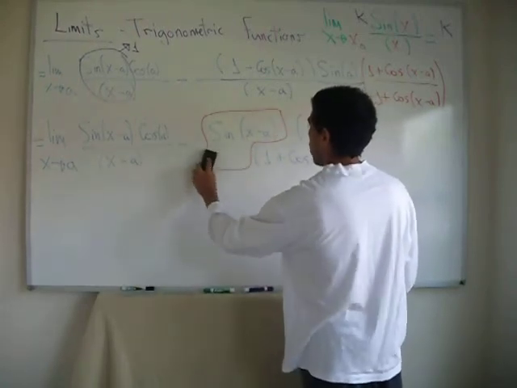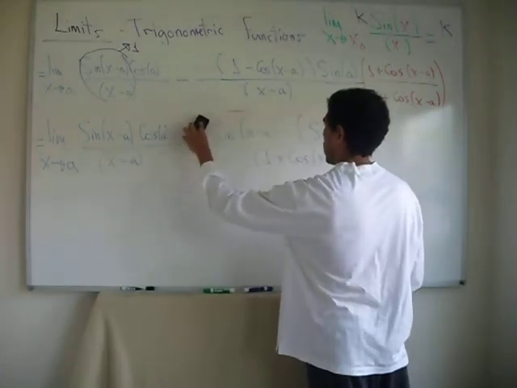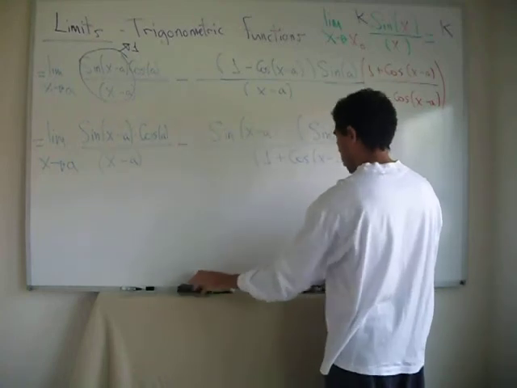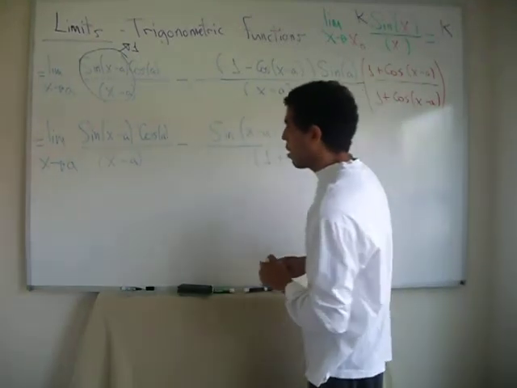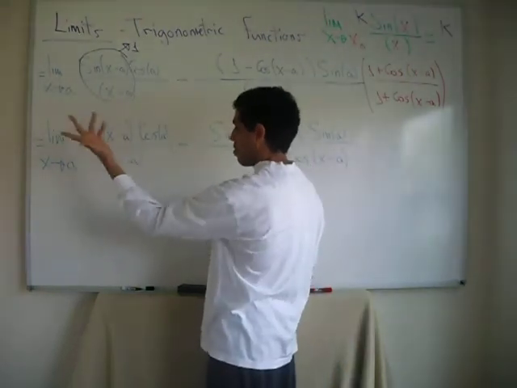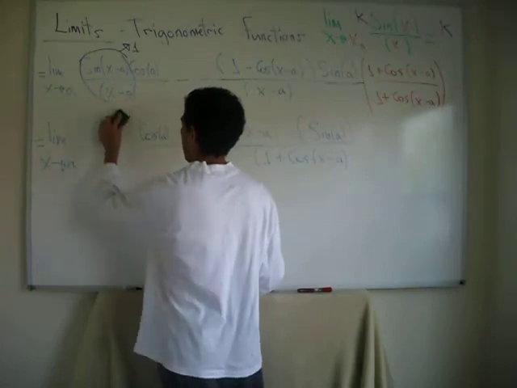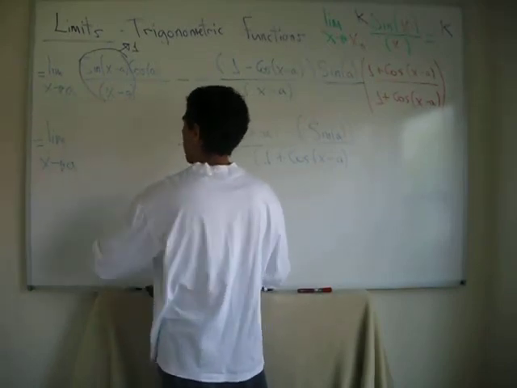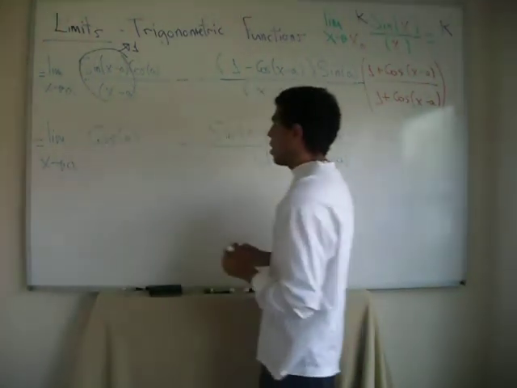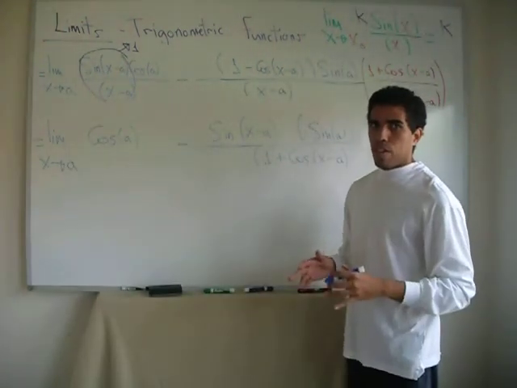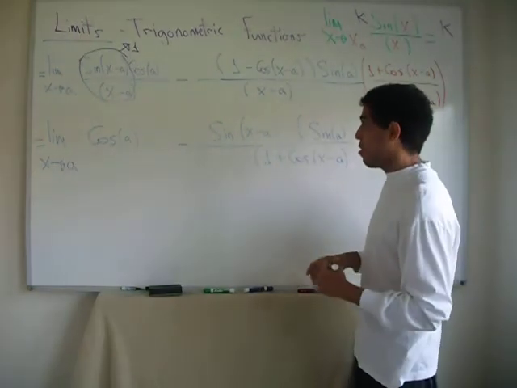And now, I can even rewrite the whole expression. And here, I can get rid of this too, because I've been saying it for quite some time. I'm going to have cos of a. Now, I got rid of the indetermination on every single element of the function. So let's evaluate.